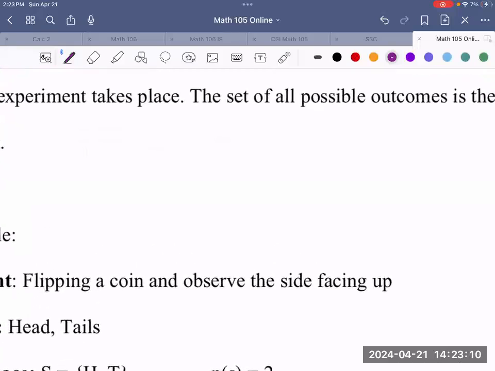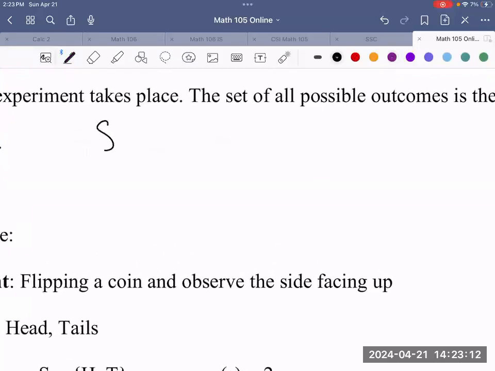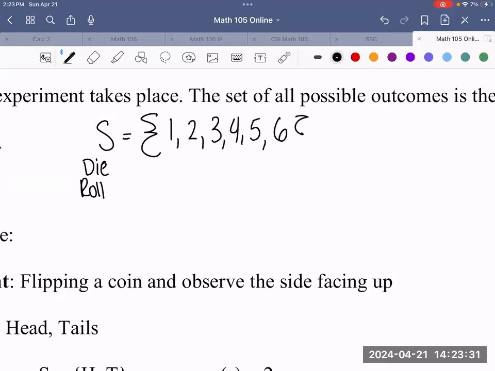So for example, if we were to do a dice roll, what are all of the different options that we can have on your dice? Your sample space. We could roll a 1, a 2, 3, 4, 5, and all the way up to a 6.